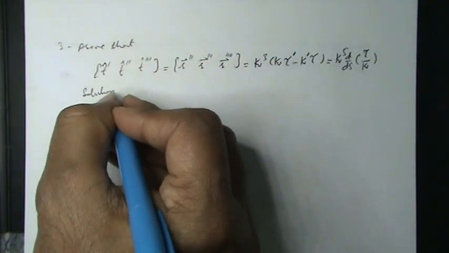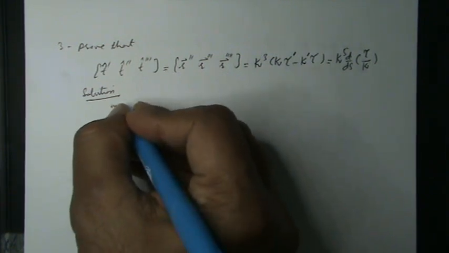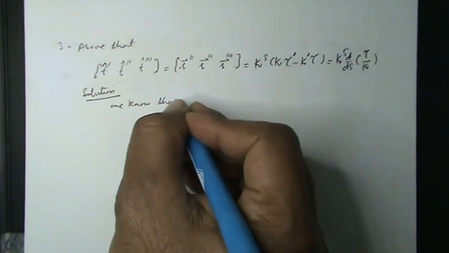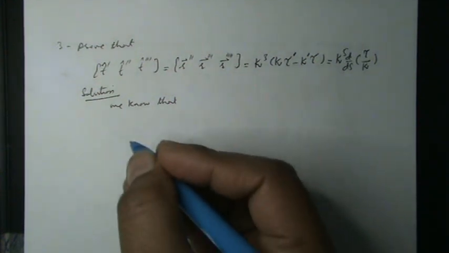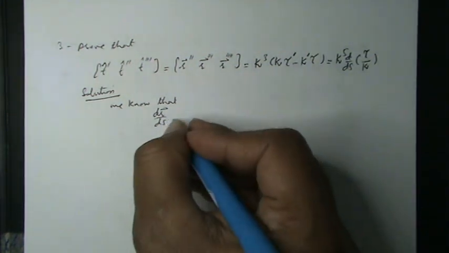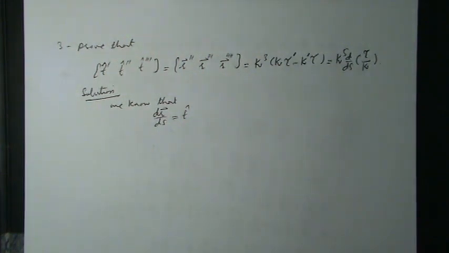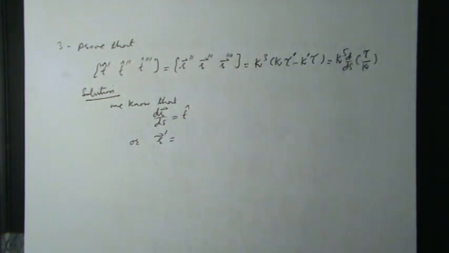Solution. We know that dr over ds is equal to t unit vector, or r dash is equal to t unit vector.